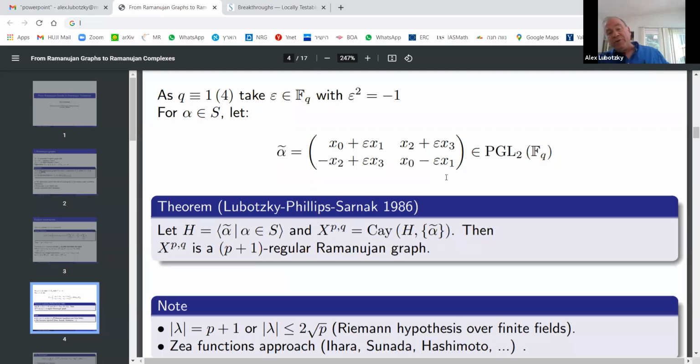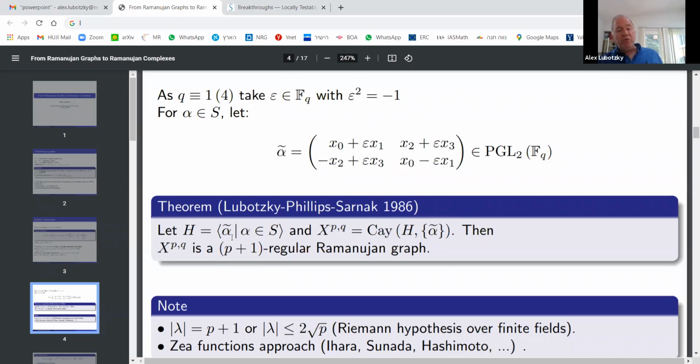And I want to think about it not as an element of GL2, but rather as an element of PGL2, namely GL2(F_Q) divided by the center. And here is the old theorem. This was a joint work many years ago with Ralph Phillips and Peter Sarnak.